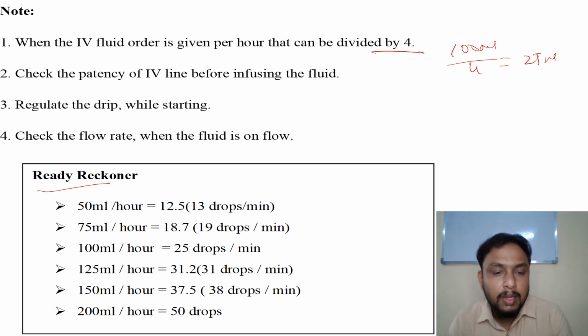Some of these things are to be remembered easily. Suppose 50 ml per hour you need to transfuse. As I told you already, whenever you have a fluid to transfuse per hour, divide by 4. 50 divided by 4 is 12.5, nearby 13 drops per minute you can set. 75 ml per hour, divided by 4, equals 18.7, means 19 drops per minute. 100 ml, 25 drops. 125 ml per hour, 31 drops per minute. 150 ml per hour, 37.5 drops.